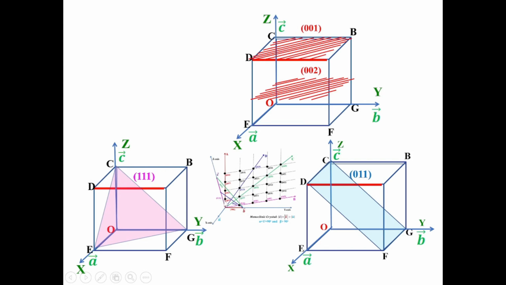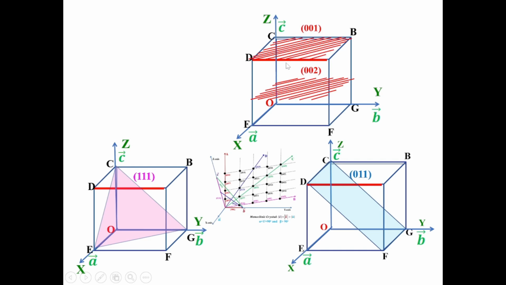We have already discussed this previously; now just the basic idea. Here you can see this plane. If this is the origin, this is your z axis and this is your y axis, and we consider this your x axis. So the Miller indices of this plane will be 0 0 1, and this plane is at exactly half of the distance.